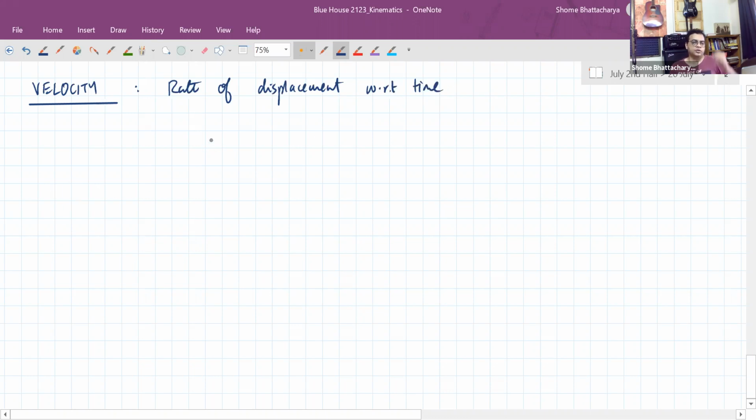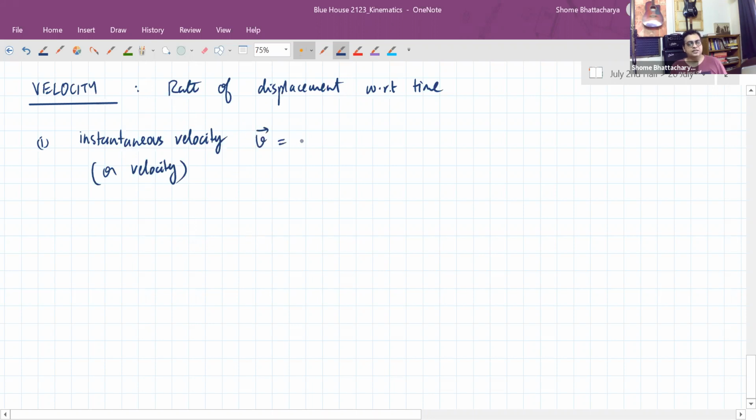Because in calculus you have seen that there are two types of rate of change, instantaneous rate of change and average rate of change. So accordingly, there are two types of velocity. There is instantaneous velocity, or by default, it is simply called velocity. When we just use the term velocity alone, we generally mean instantaneous velocity.